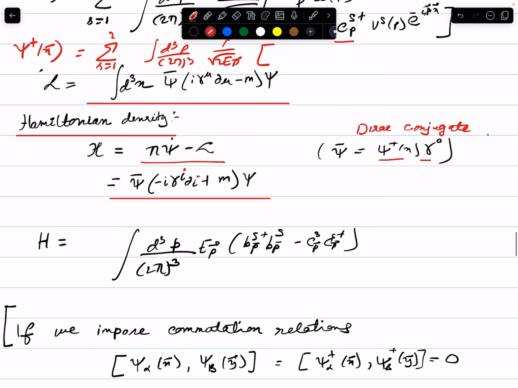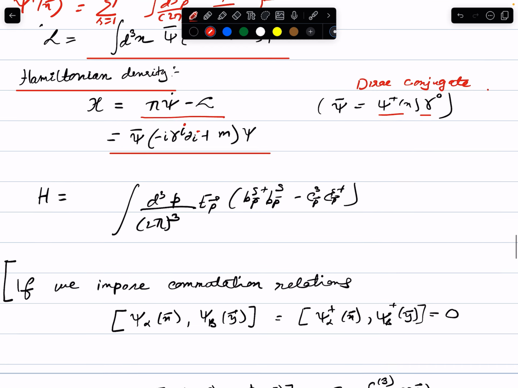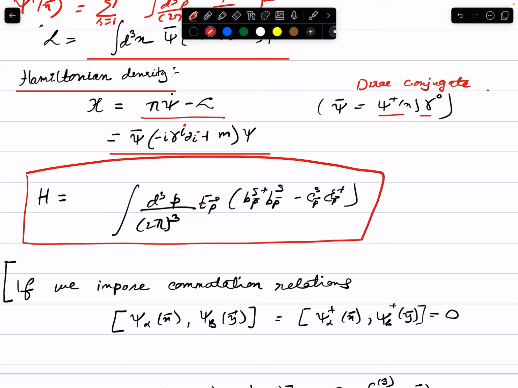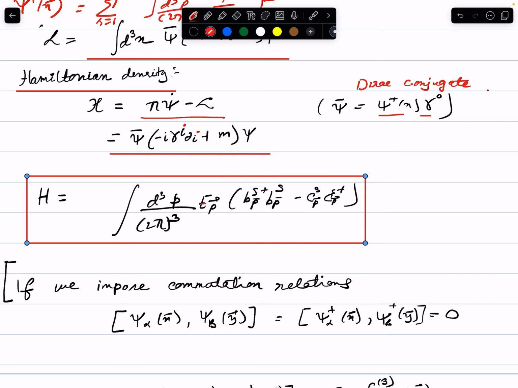There's a similar and even longer calculation, which I will spare you, for the Dirac fermions, but the result is something that you might expect. It looks like this. So this is the expression for the Hamiltonian. It's slightly different from, for example, complex fields, because there's a minus sign here, and there's b dagger b minus c dagger c. So that is the form that we get.